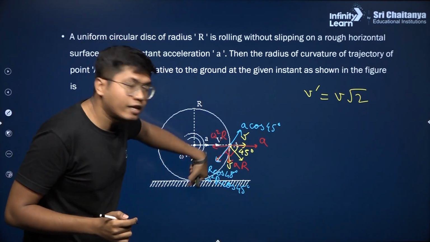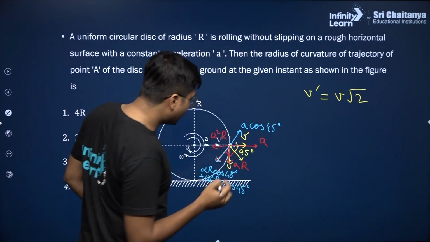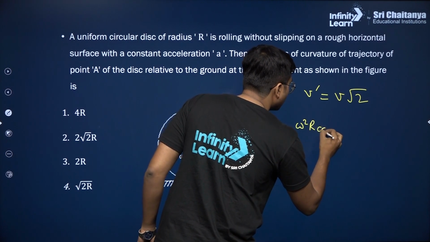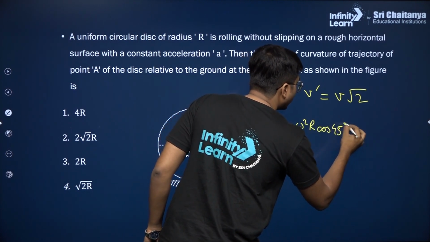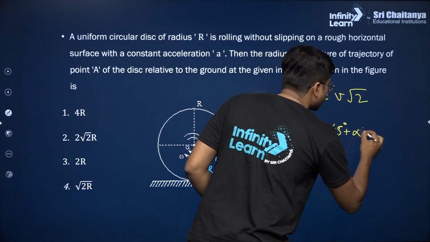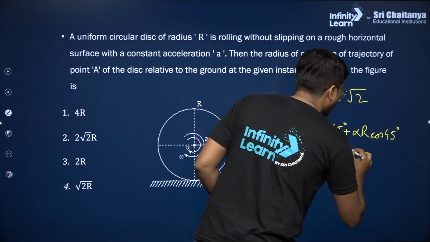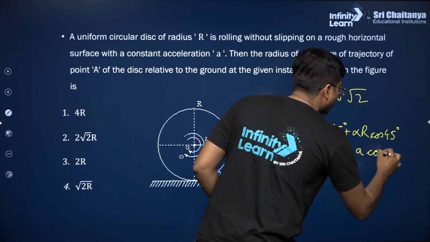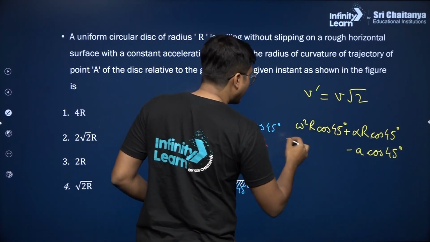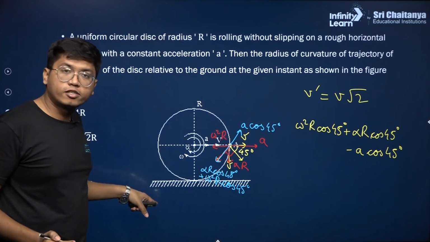So the net acceleration in that direction would be given by omega square r cos 45 degree plus alpha r cos 45 degree minus a cos 45 degree, right? This is the net acceleration in this direction.